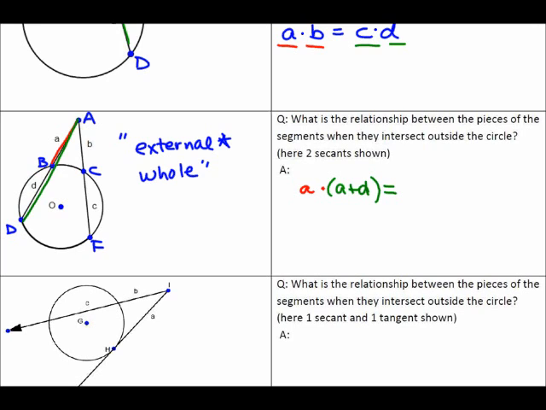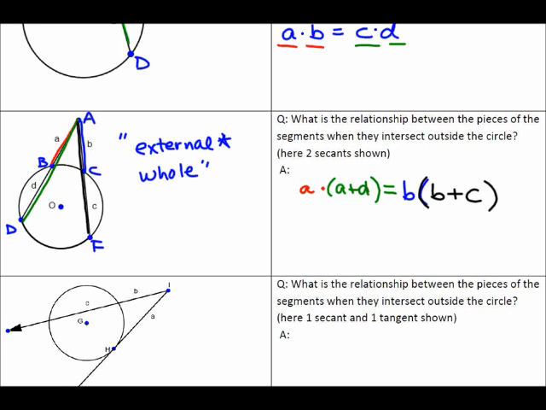And then we're going to set that equal to, on the other side, its external piece, b, times its whole thing. And its whole thing would be b plus c. Okay, so we do the external piece times the whole length. And again, when you come back to class and we do some example problems, you'll see how that all works.